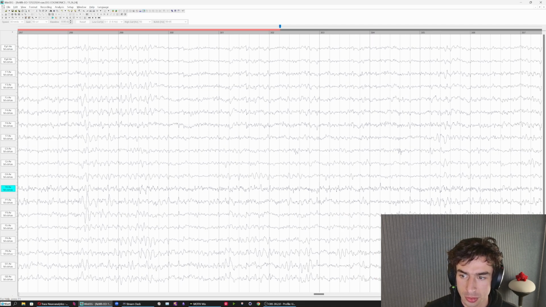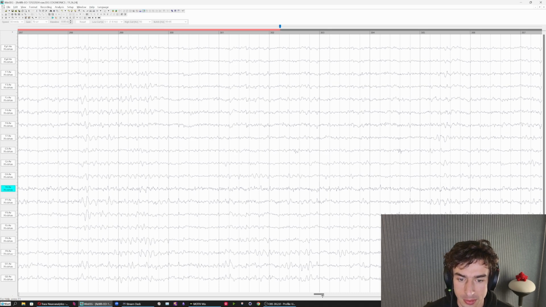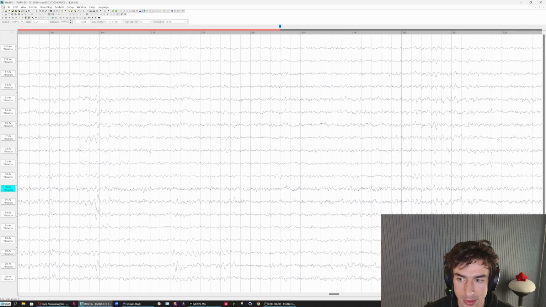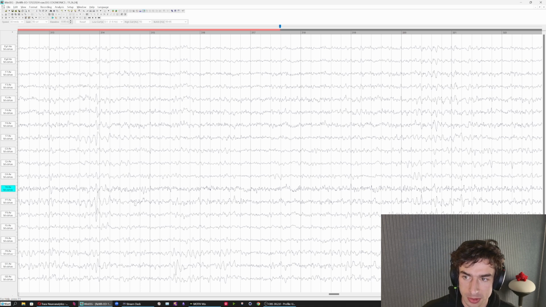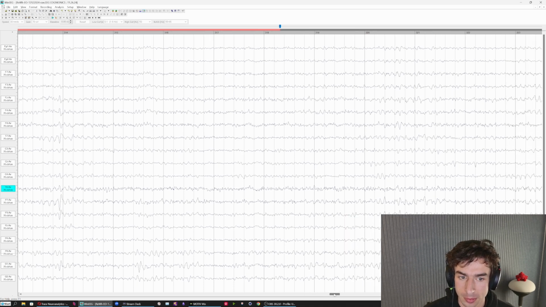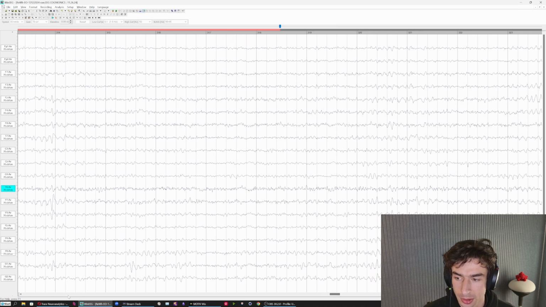Another interesting spiky appearance here that seems to have its focus in that same region. And another one here, right? And there's field and phase, so this is not just an electrode pop. So we're starting to notice a pattern.